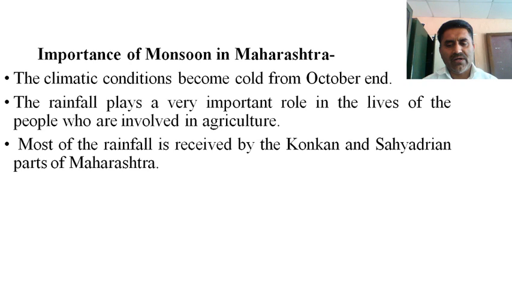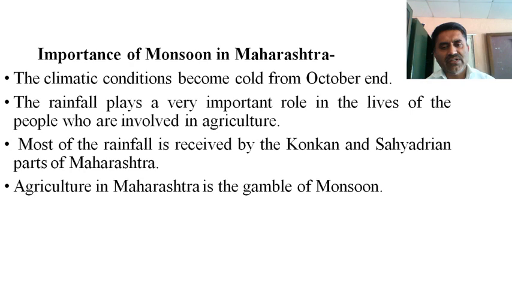Agriculture in Maharashtra is a gamble of monsoon, because I have already explained the sowing period. If we do not receive the rainfall in the sowing period, particularly in the month of June, then there is a problem, because due to the lack of water, farmers can postpone the farming activity to the next month, the month of July.